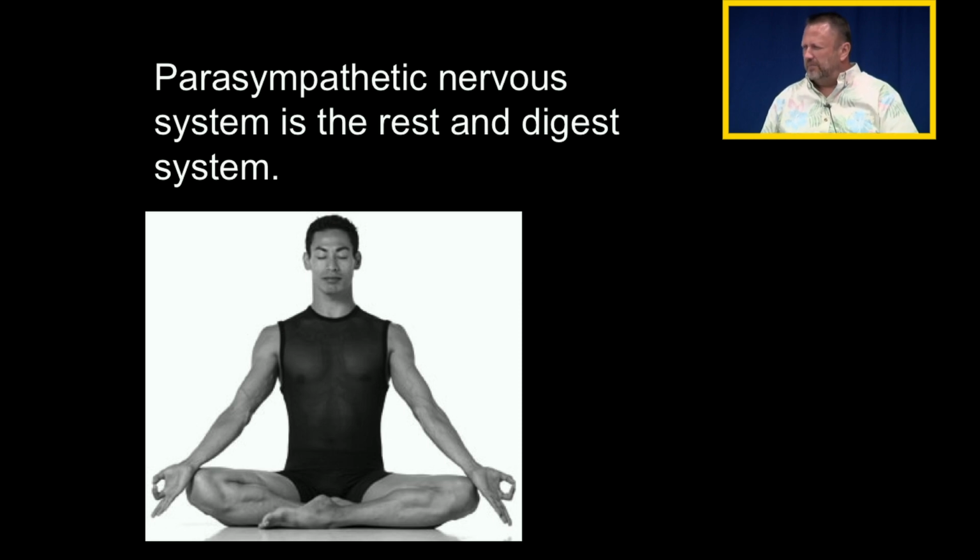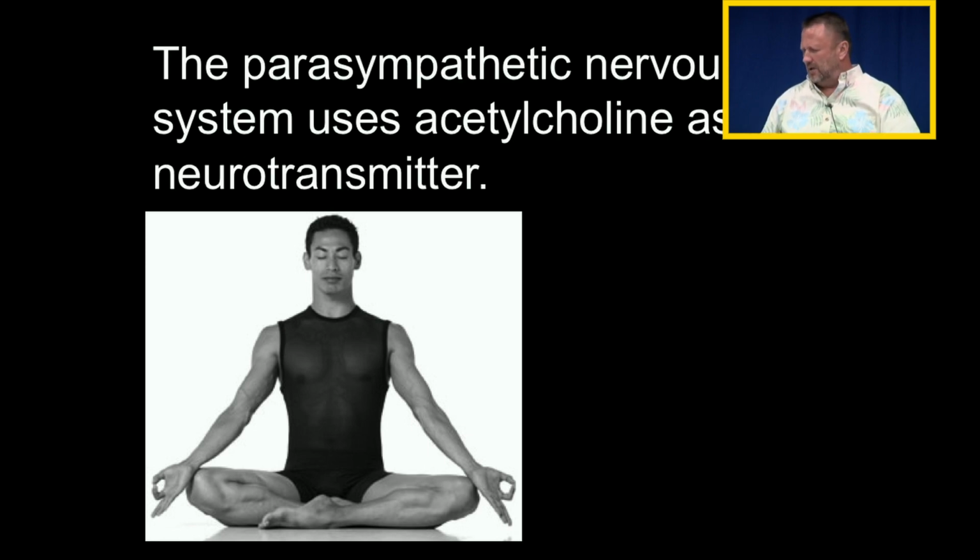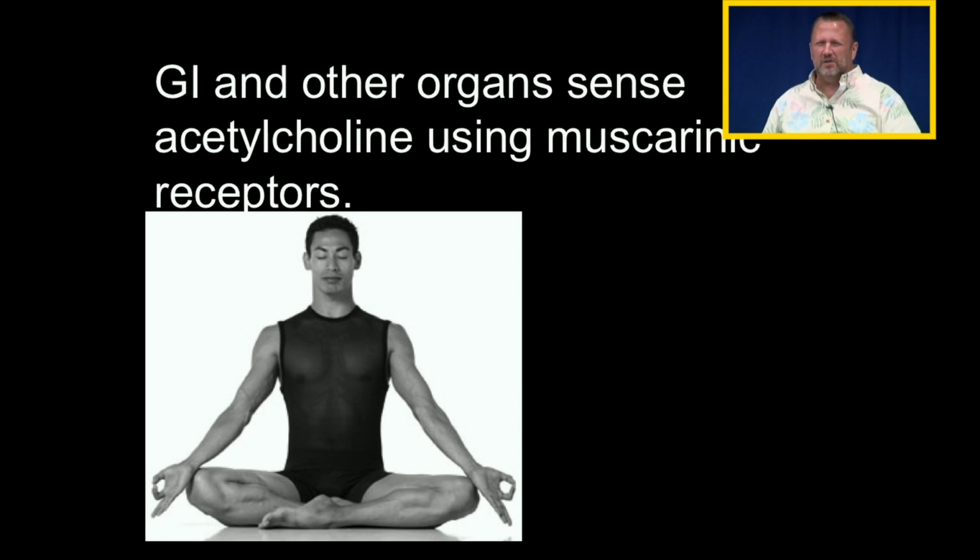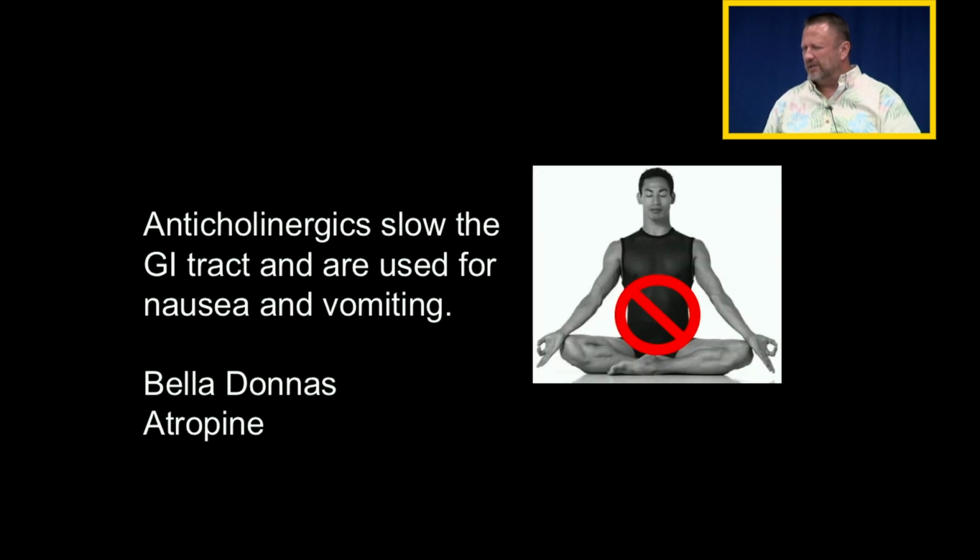All right, remember the parasympathetic nervous system is the rest and digest system. It was acetylcholine that stimulated digestion. And because the parasympathetic nervous system uses acetylcholine as the neurotransmitter, anticholinergic agents like muscarinic antagonists will slow the gastrointestinal tract. And so the belladonna alkaloids, atropine is a belladonna alkaloid.